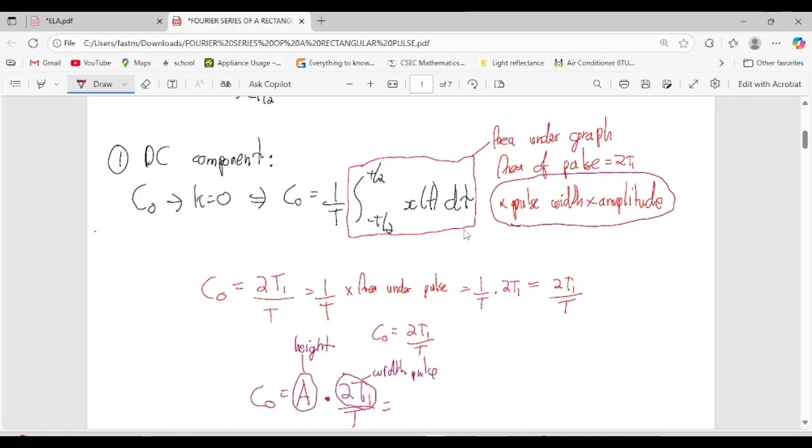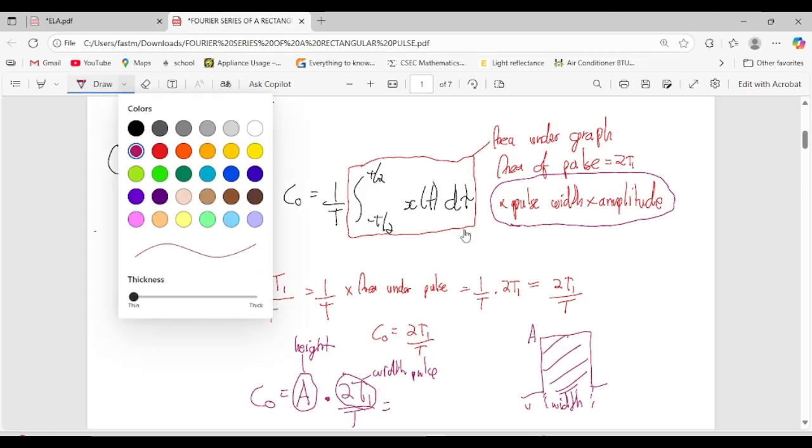Okay, and remember this T came from the earlier equation, right? So let's make it really simple. You just have a pulse, you have an amplitude, and you have a width, which in this case is from here to here. And this area here is basically this. If the amplitude or the width changes, the area will change. Okay, so that is the C0 component.